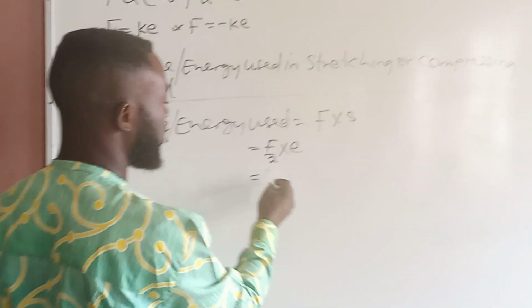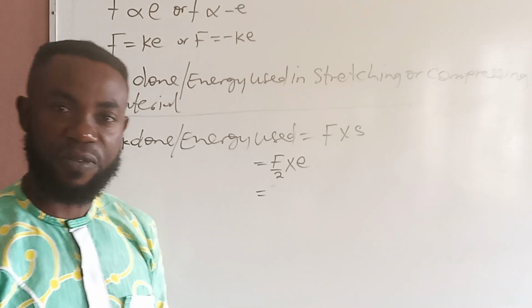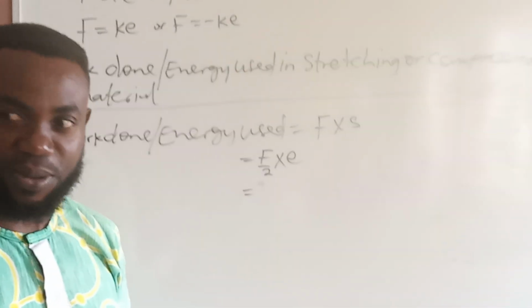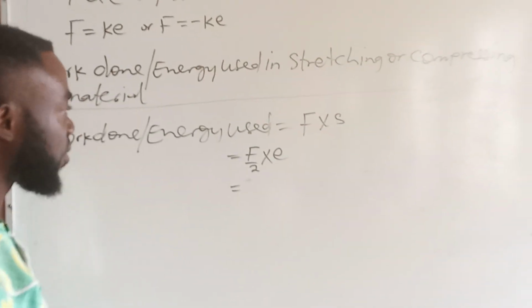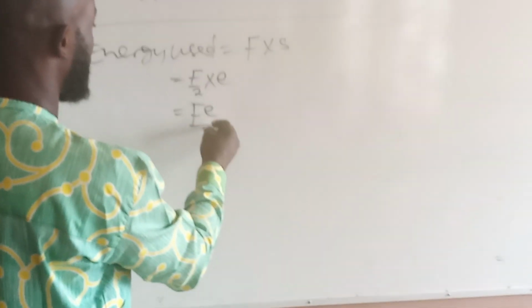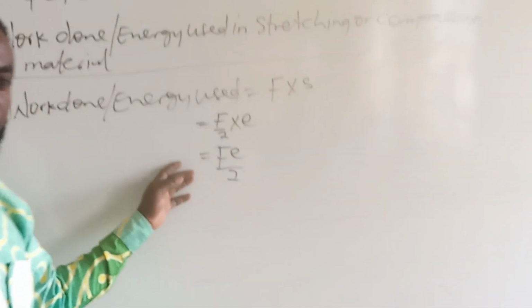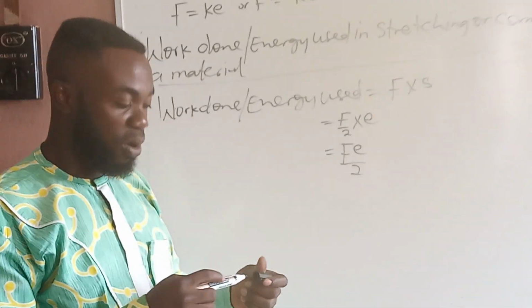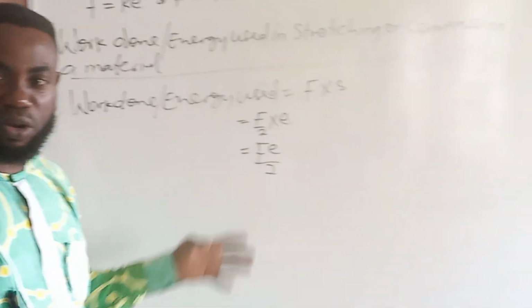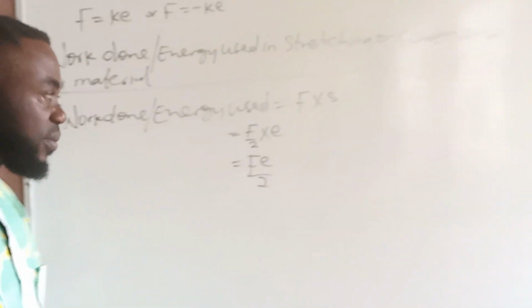We use the term average force because the force increases from zero. And this gives us Fe over 2. This is the work done, a measure of the work done in stretching or compressing a material.